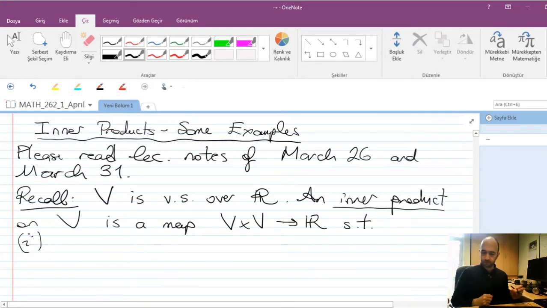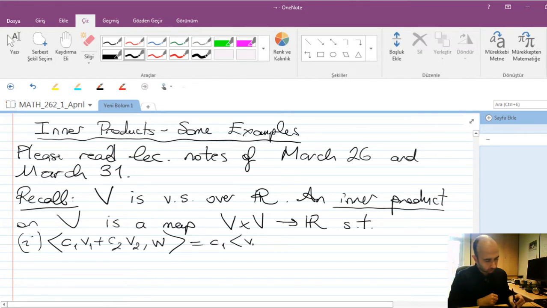So the first of these is about linearity in one of the entries. So (C1 V1 plus C2 V2) inner product with W, let's say, is equal to C1 (V1, W) plus C2 (V2, W).